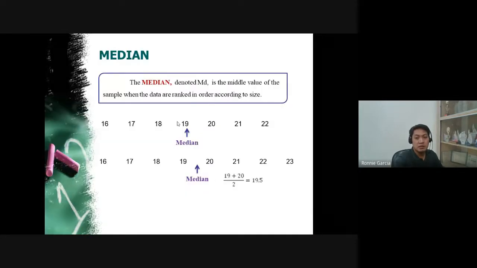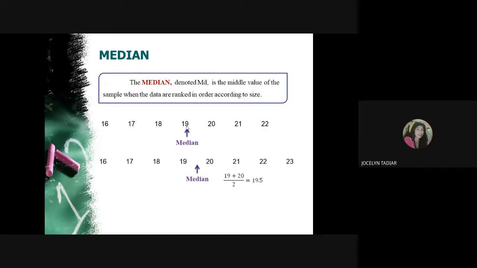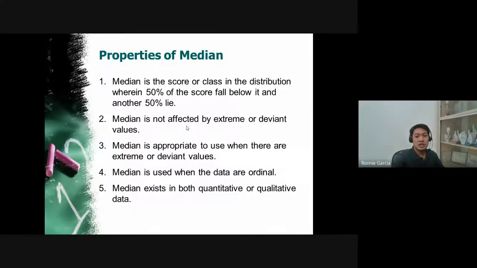It's because its focus is in the middle. So whether you score 0 or 100 here, it does not matter because the focus of the median is only at the center. Very good, Jocelyn. So that is why it is not affected by deviant values.